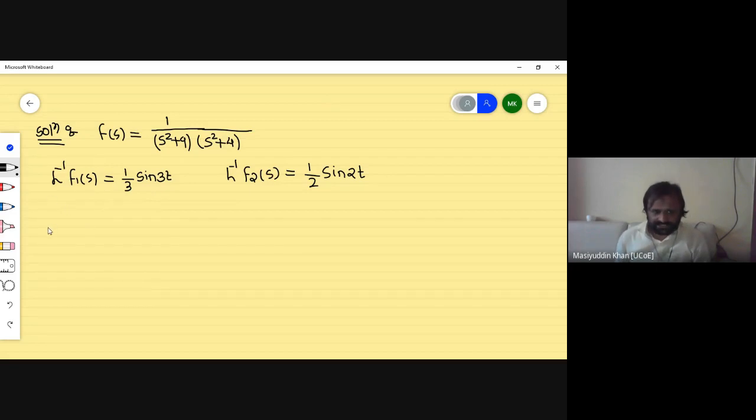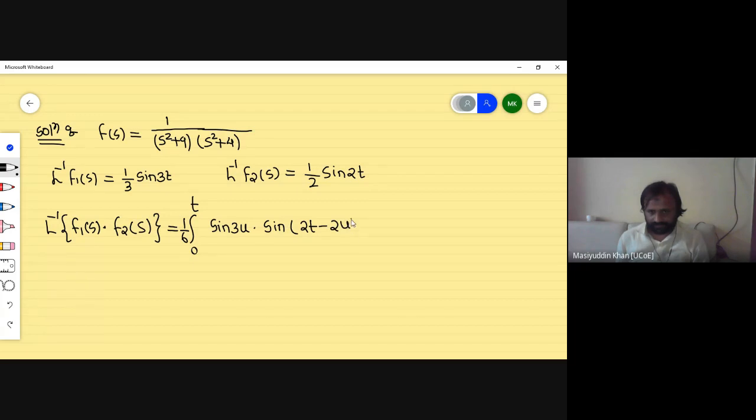If the student is going to ask about Laplace inverse of f1 of s into f2 of s, we have to check and verify it. That is integral 0 to t, so 1 by 6 outside. First I'm considering this is u and this is t minus u. So sine of 3u into sine of t minus u, means I can write 2t minus 2u, into du.